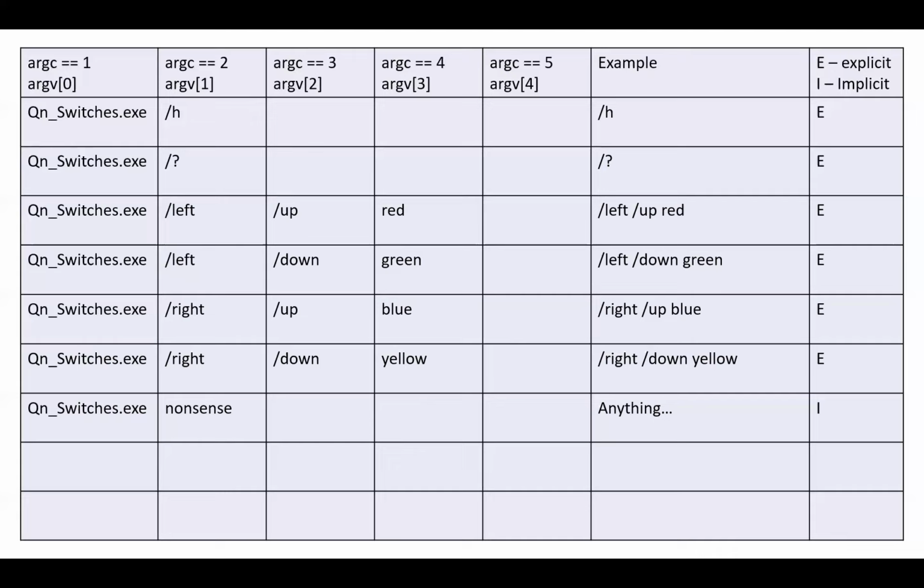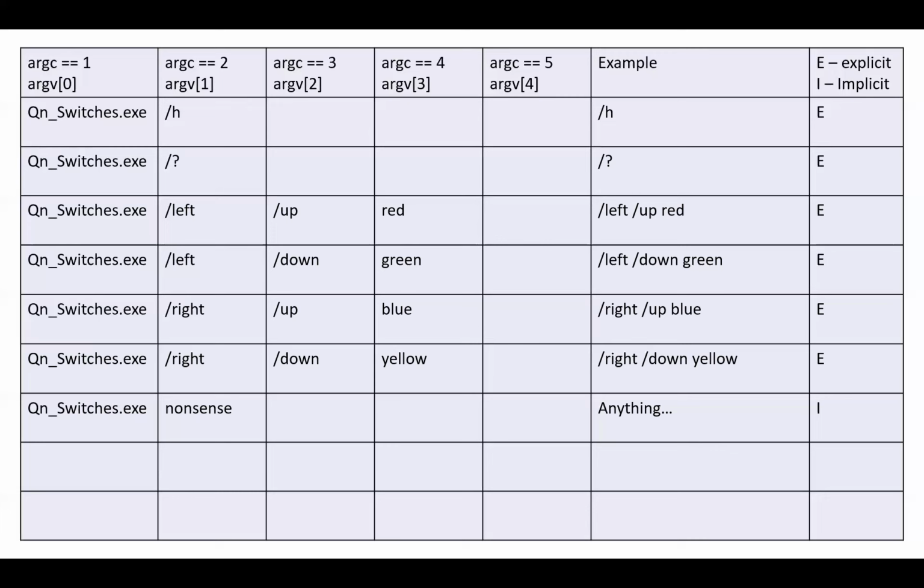And then everything else, maybe, for instance, the incorrect number of arguments, as well as no arguments, can simply fall into the category of nonsense. Basically at that point, those are implicit handling of arguments, meaning that in this case, we're probably going to call help.